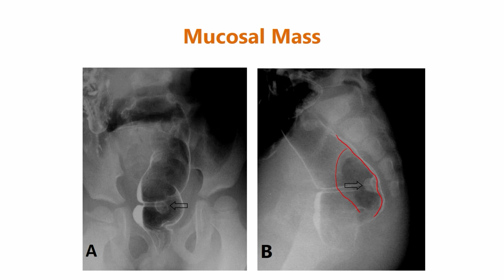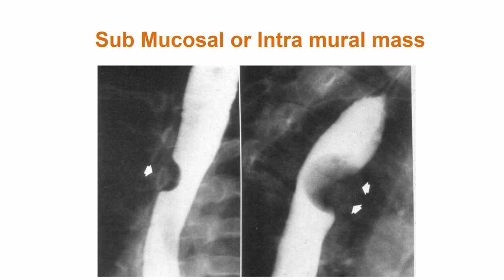This is the mass which is being seen, and when the contrast lines this area, the identification of the mucosal mass has become very distinct and can be clearly identified. Then the intramural masses, and here the extrinsically present mass.